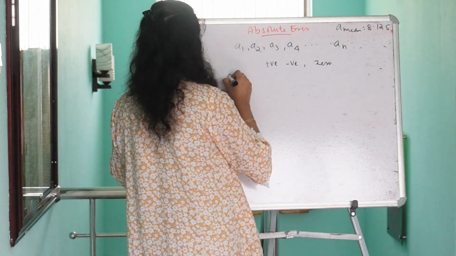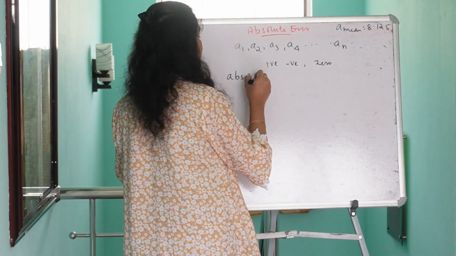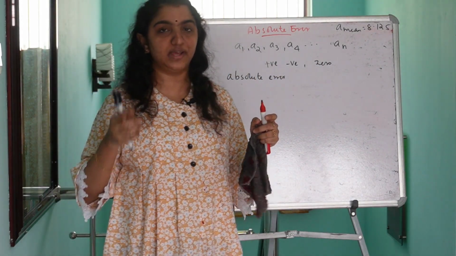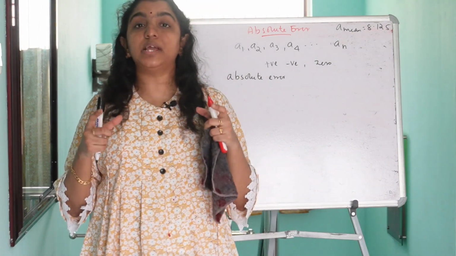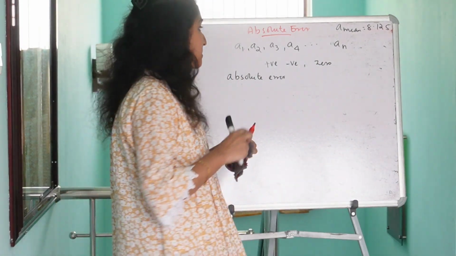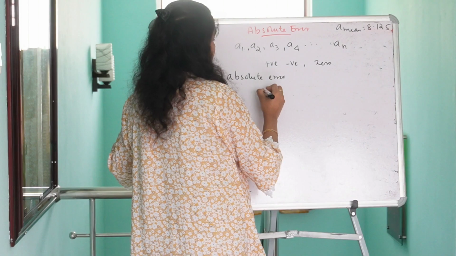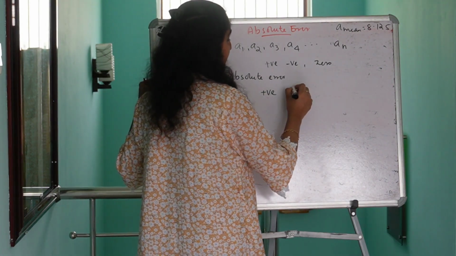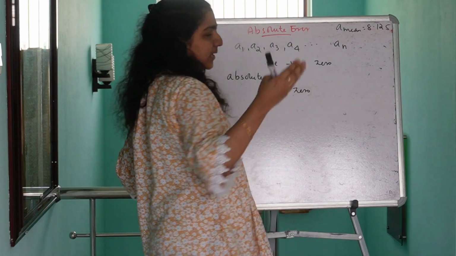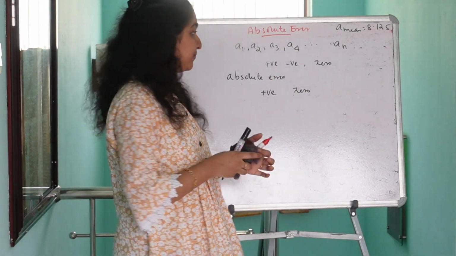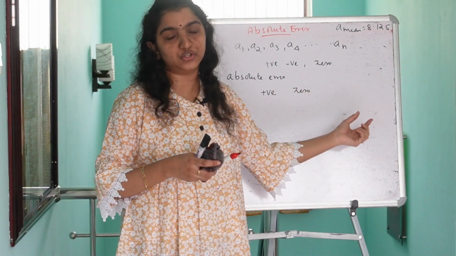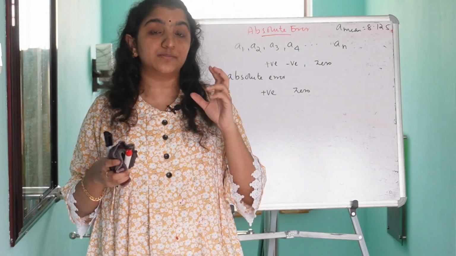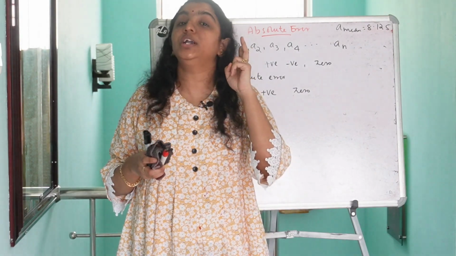But while finding the absolute error in individual measurements, there are only two cases. Either the absolute error will be positive, or if the simple error is 0, then the absolute error will also be 0.